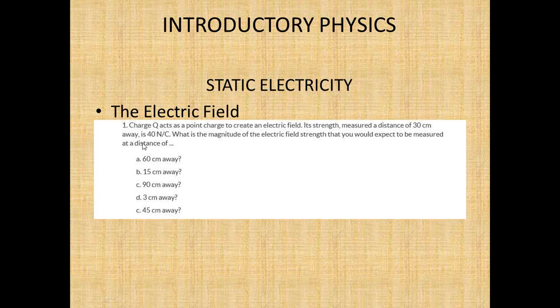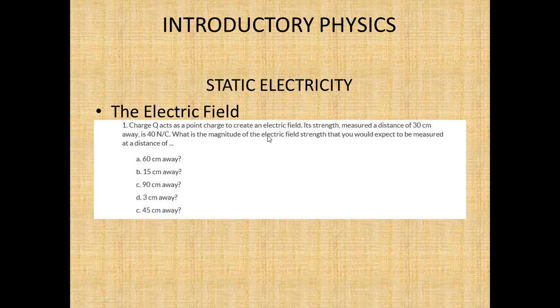We have a few questions. We're going to quickly answer them and then move on. Charge Q acts as a point charge, the source charge. It creates an electric field, so there's an electric field around it. Its strength, measured at a distance of 30 centimeters away, is 40, electric field strength, force per charge.